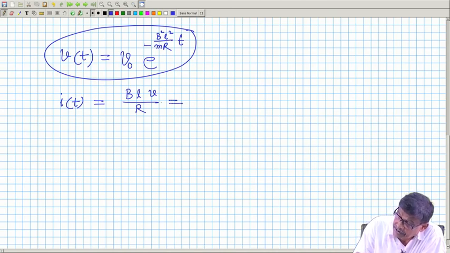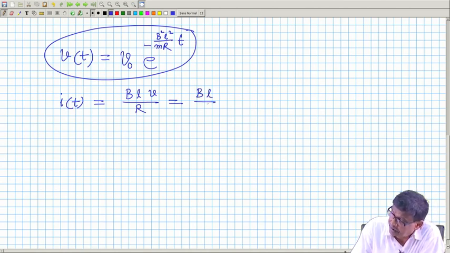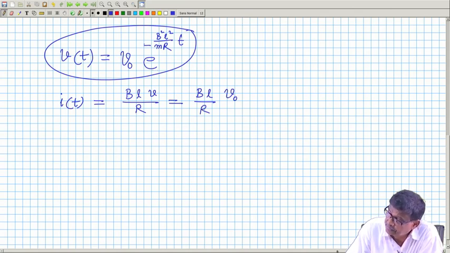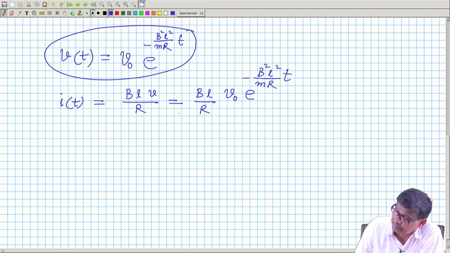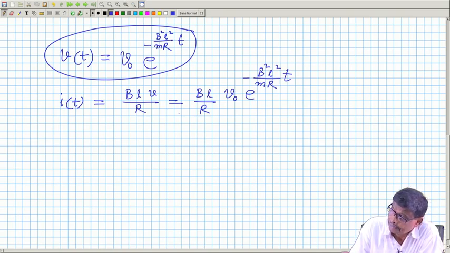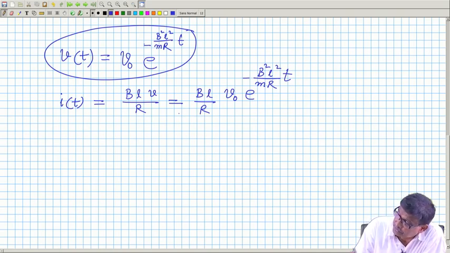So, it will be BL by R, then for V this one, that is V0 into e to the power minus of B square L square by mR into t. This will be the thing. Correct.